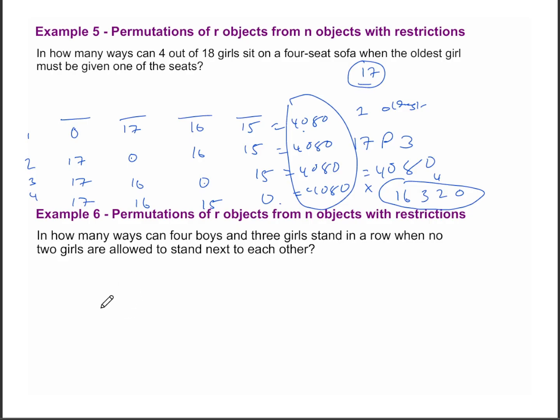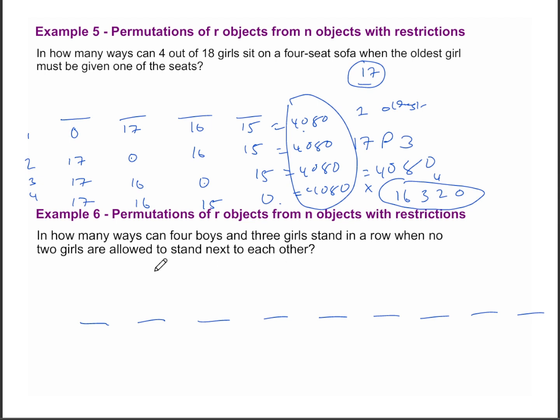But in this case, we want the 2 girls not to be next to each other, any 2 girls. And so for that, we're going to do something else where we're going to give 9 spaces actually. 1, 2, 3, 4, 5, 6, 7, 8, and 9. But we're not going to fill all of them, obviously, because we have 7 possibilities, right?